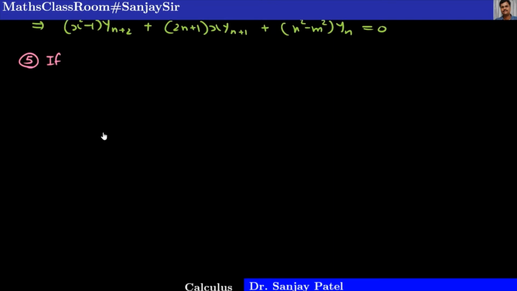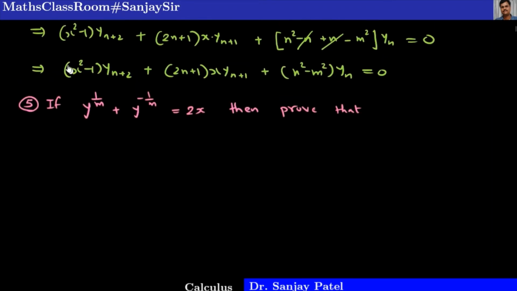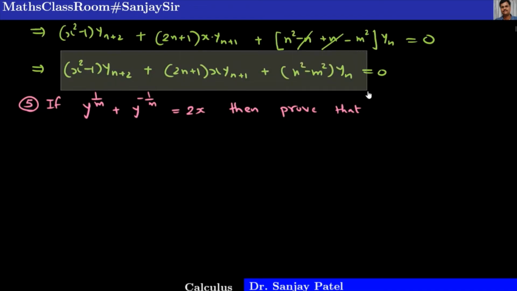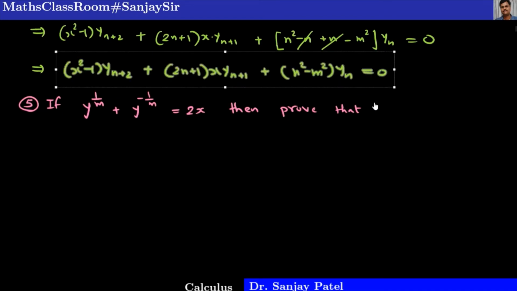If y raised to 1 upon m plus y raised to minus 1 upon m is equal to 2x, then prove that the same thing. So let me just copy and paste this. So then prove that.